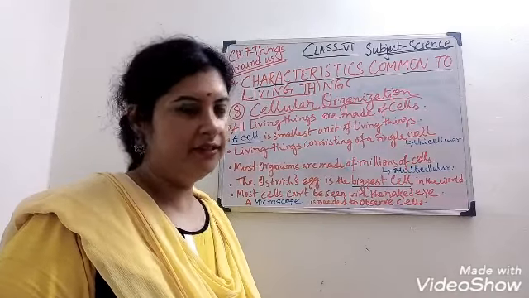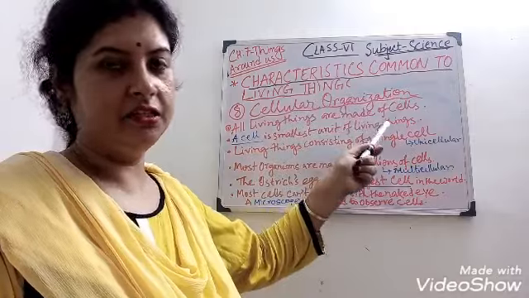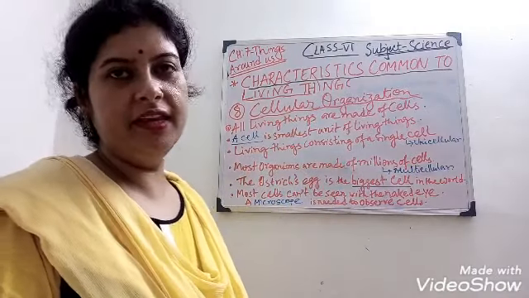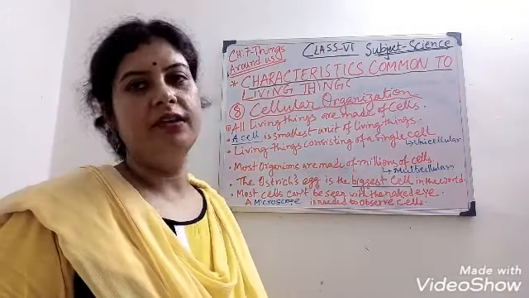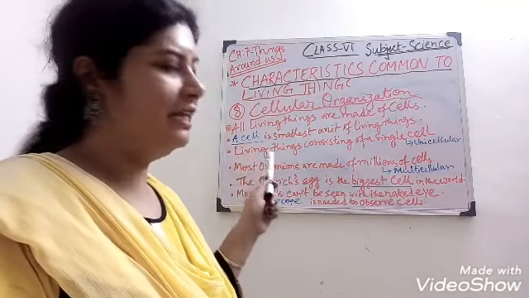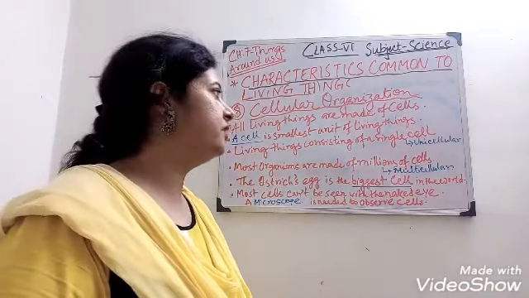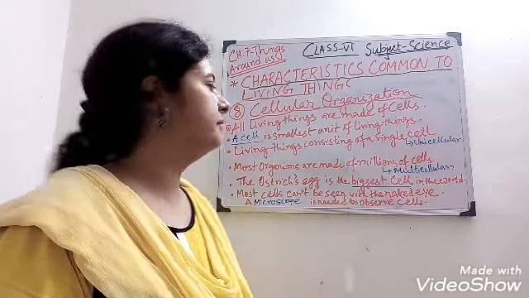Characteristic number 8, cellular organization. All living things are made of cells. A cell is the smallest unit of all living things.